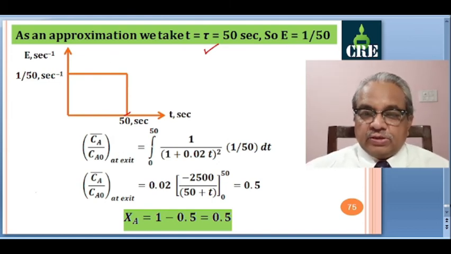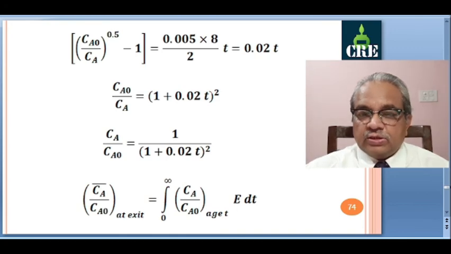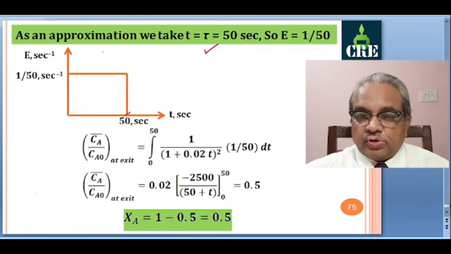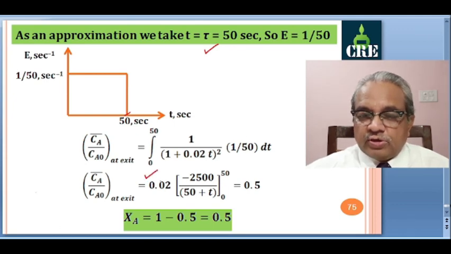Ca bar by Ca0 at exit is the integral from 0 to 50 of 1 upon 1 plus 0.02t square. This we have already done. Ca by Ca0 is equal to 1 by 1 plus 0.02t whole square. So this we have substituted. E is equal to 1 by 50. So this 1 by 50 taken outside, so we have written it as 0.02, and the integral of 1 by 1 plus 0.02t whole square, we get it as minus 2500 divided by 50 plus t.